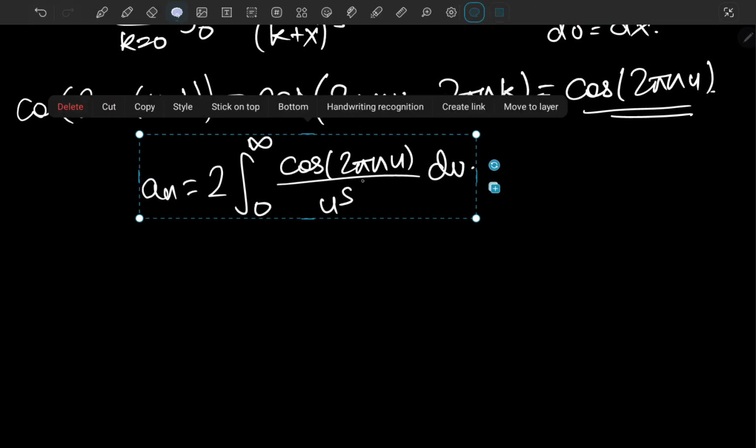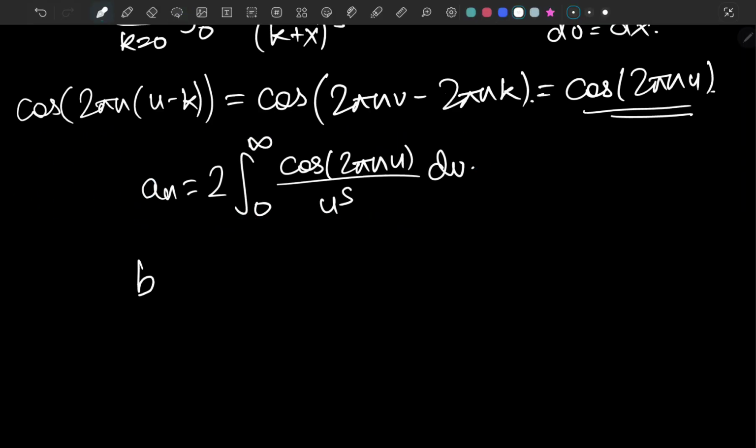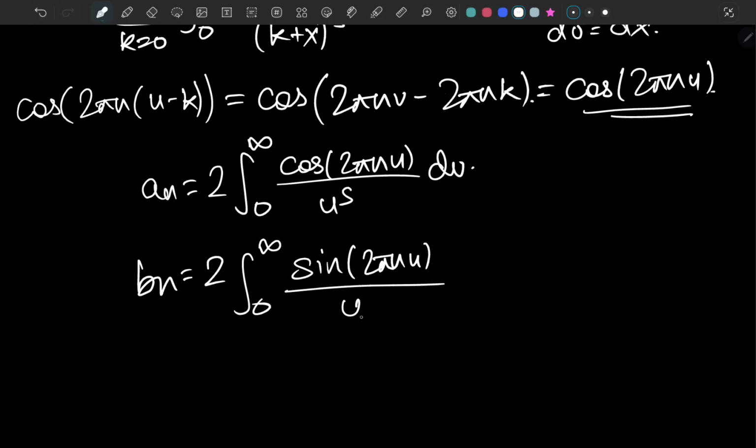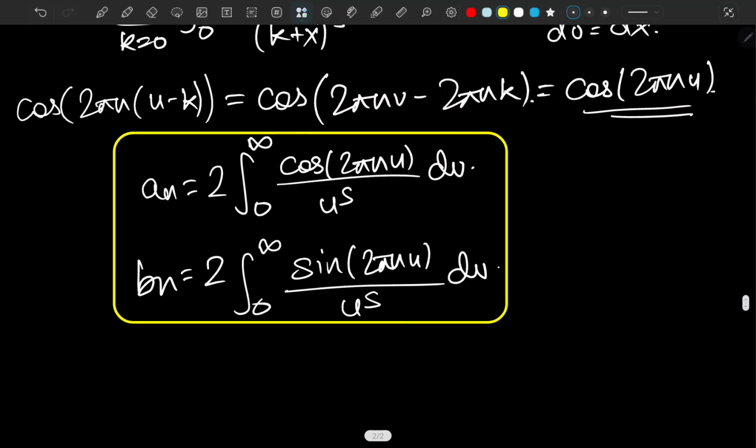That's going to give us 2 times the integral from 0 to infinity of sine of 2 pi n u over u to the s du. So these are the two things we have so far, and now let's just talk about them.